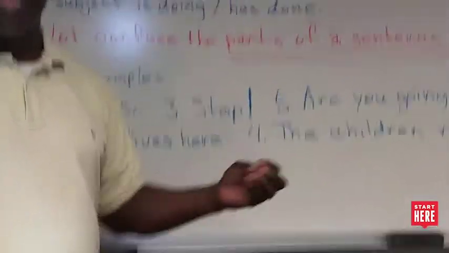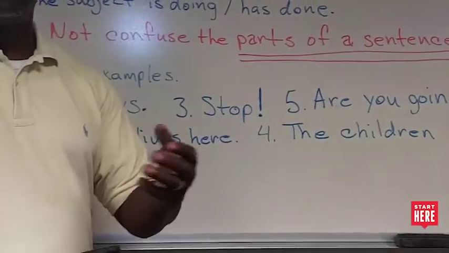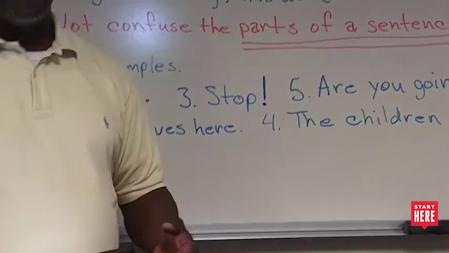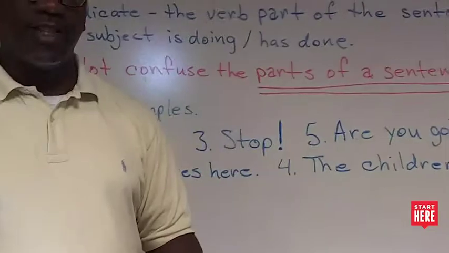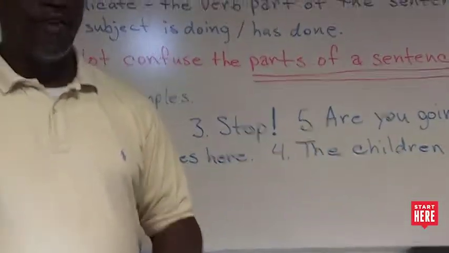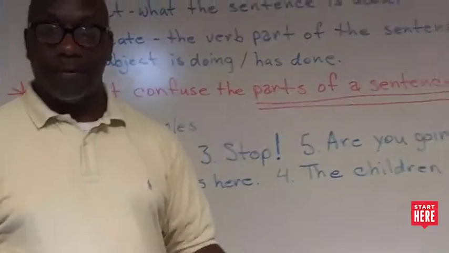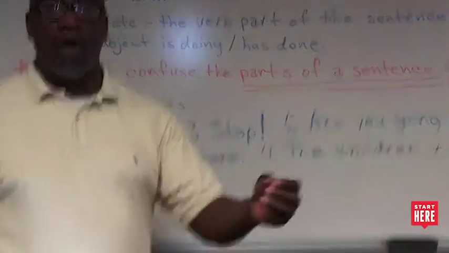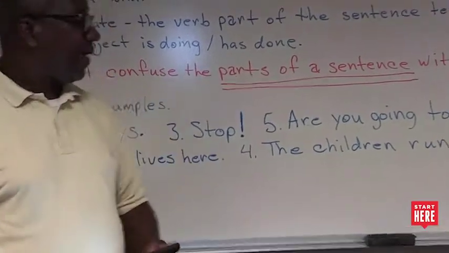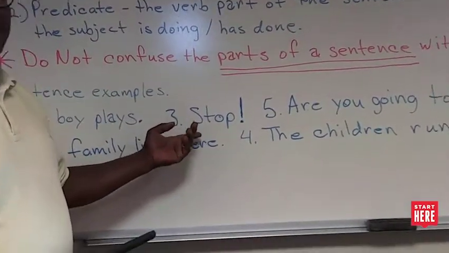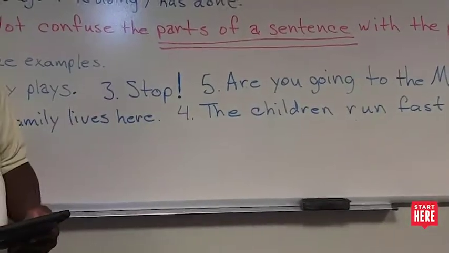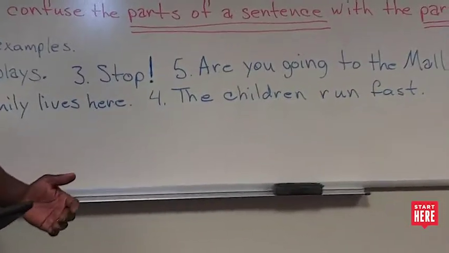When I say stop, if I'm looking at you, I'm saying you stop is understood. If there are a group of people, then I'm saying you all stop is understood. In rare instances like this, the subject you is understood. It does not have to be written.